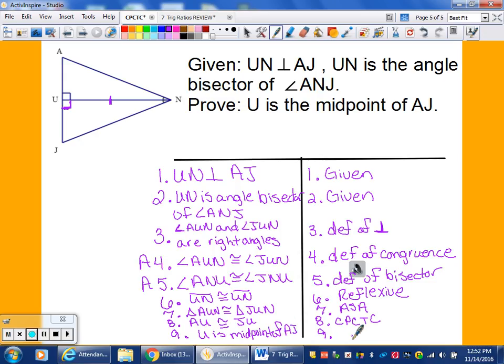By what reasoning? Definition of a midpoint. Now, are y'all seeing how these are starting to work? Yeah. Good. All right. I hope this helped y'all.